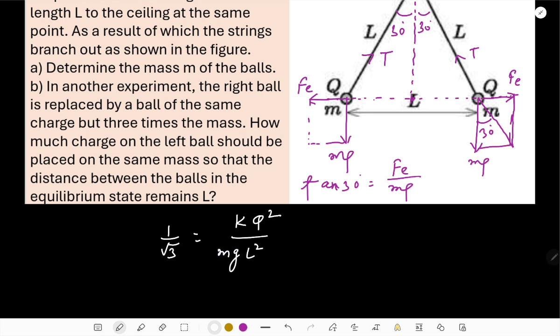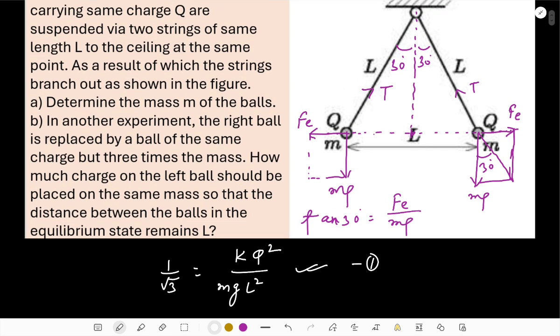That means I can get the value of m from here. Anybody can calculate the value of m from here, and my job ends in finding the value of m.